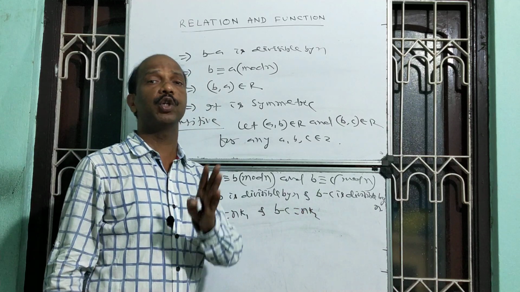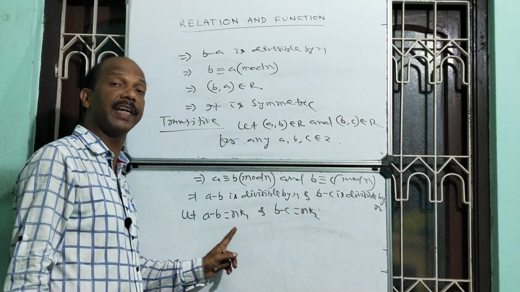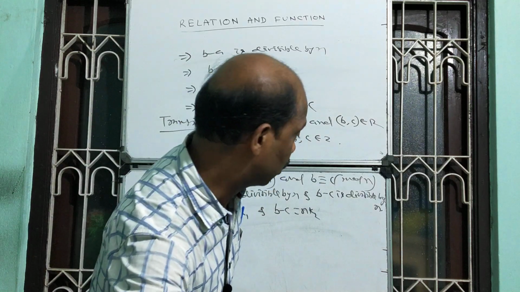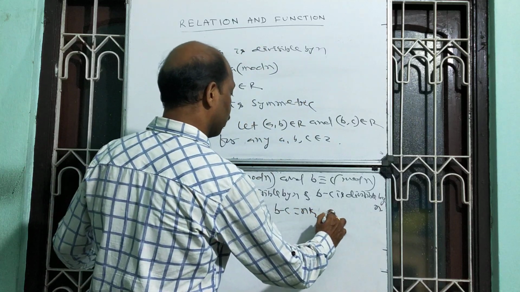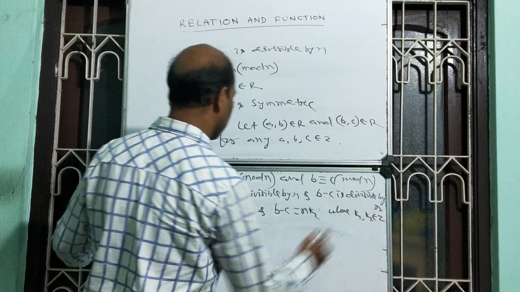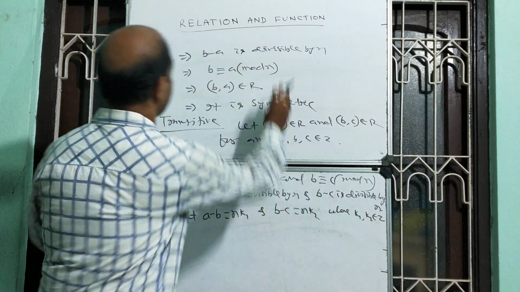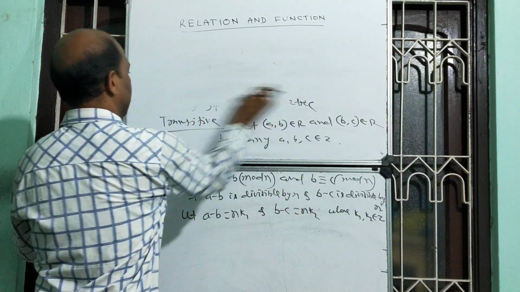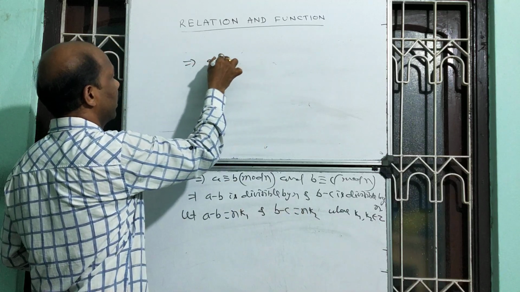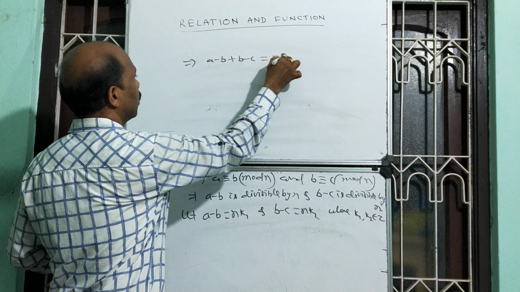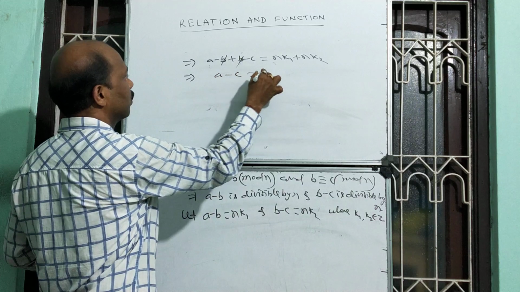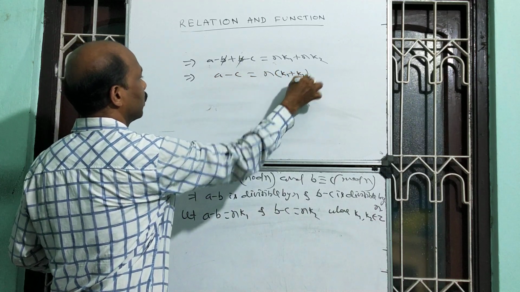If an integer is divisible by another integer, then it can be written as an integral multiple of that integer, where k1, k2 belong to Z. That implies a minus b plus b minus c is equal to n k1 plus n k2. b cancelled out, a minus c is equal to n times (k1 plus k2).